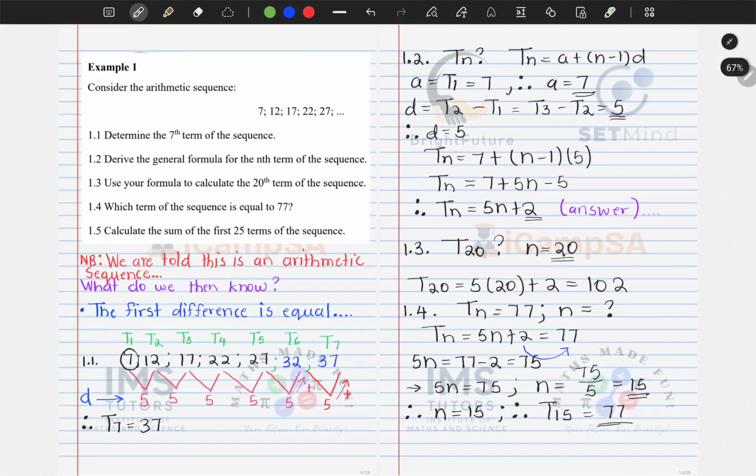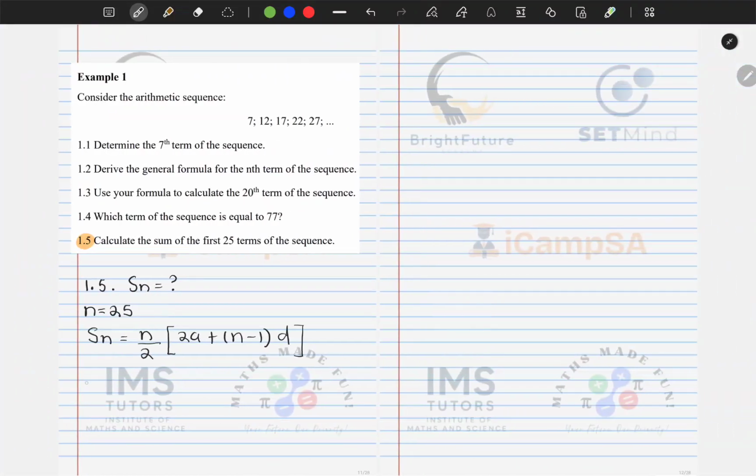Now we know what a is from the previous workings. If you look, you'll see that a is 7 and d is 5. So we are in a position to find our sum because we have all we need. The sum of 25 terms will be equal to 25, the number of terms, divided by 2 into 2 times the a, which is 7, plus 25 minus 1 times the d, which is 5.